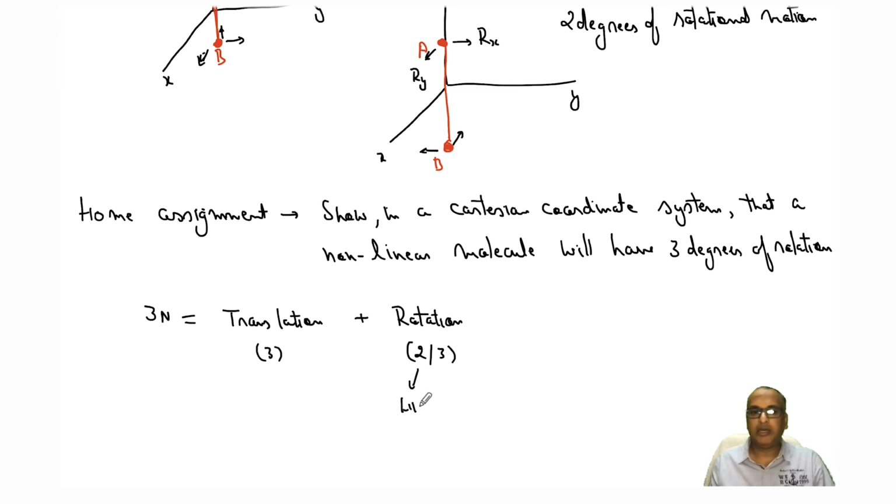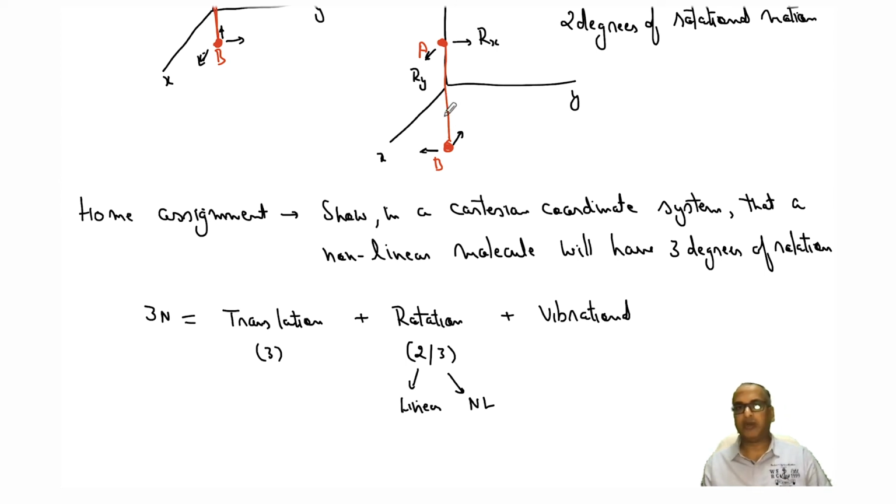This is for linear and this is for non-linear, right? So the rest of the degrees will be vibrational degrees, right? For example, if A moves here and B moves here, it will cause vibration of the bond. If A moves downwards and B moves upwards, then also it will cause vibration of the molecule. So the rest of the degrees are vibrational degrees of freedom, right?